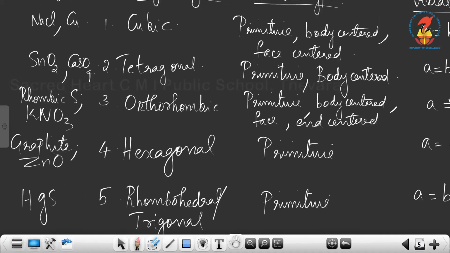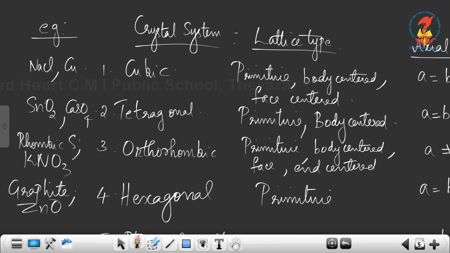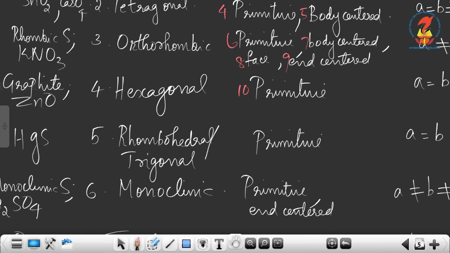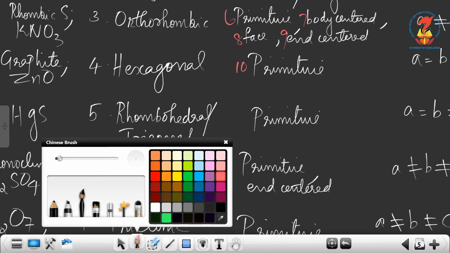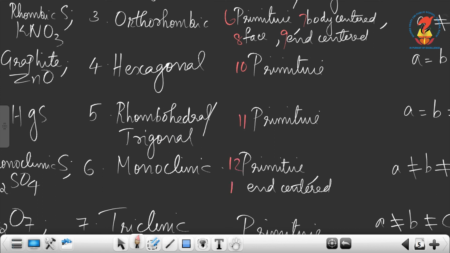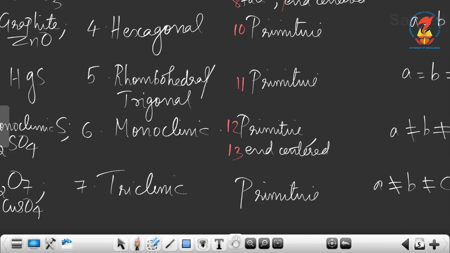Let's start from the first one, the lattice type. 1, 2, 3, 4, 5, 6, 7, 8, 9, 10, 11, 12, 13 and 14.